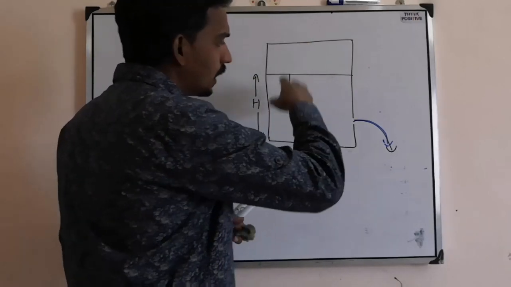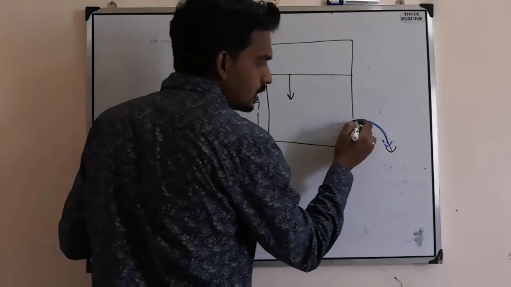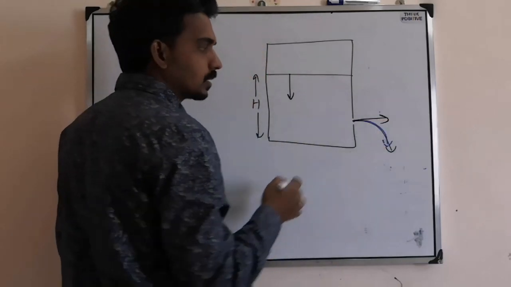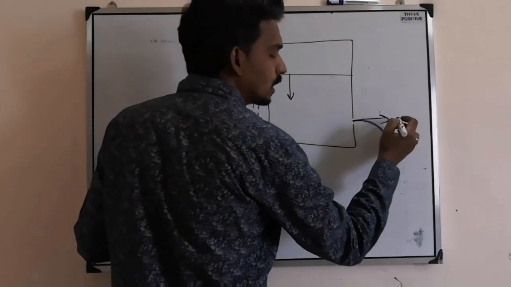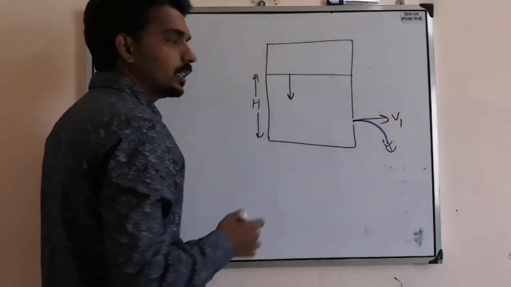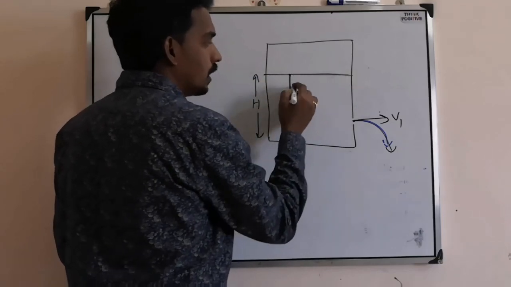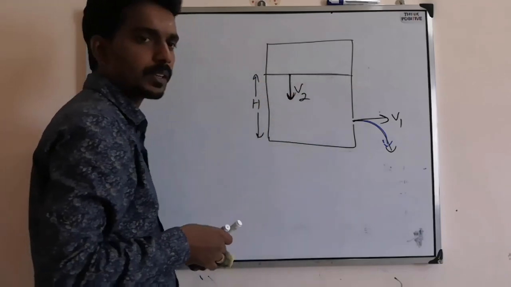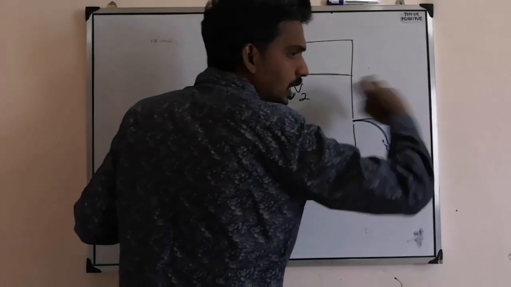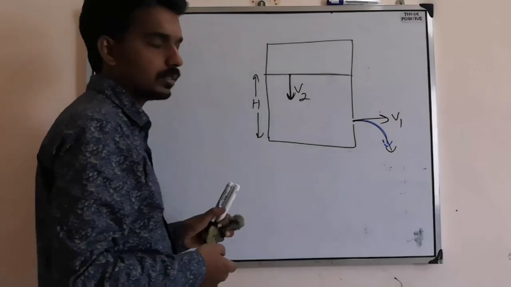As this liquid level comes down, there is a speed of the water or liquid coming out. Let's take that as V1, and the speed of this rate of decrease in level, let's take that as V2. With a particular speed the liquid will come out, with a particular speed the liquid level will come down.